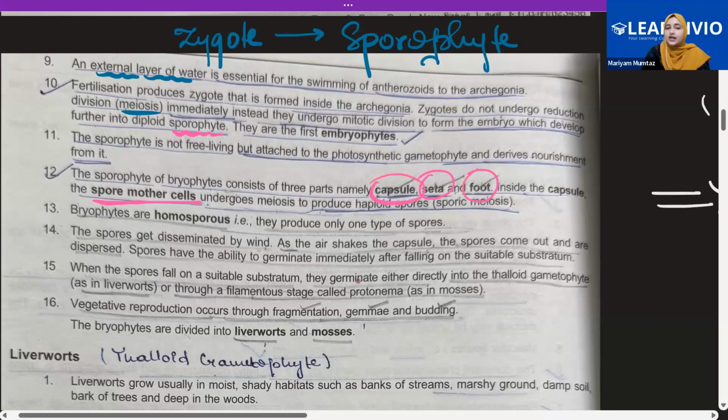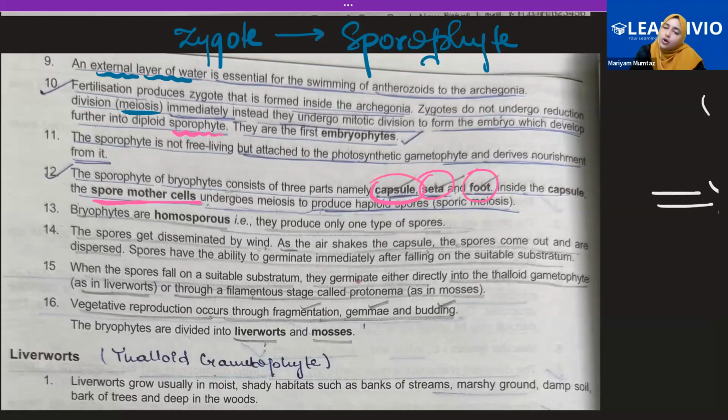Now those spores are of one type. All the spores look the same in terms of their morphology, in terms of everything. So they are homosporous. Okay, those organisms that produce one type of spores we call homosporous plants.